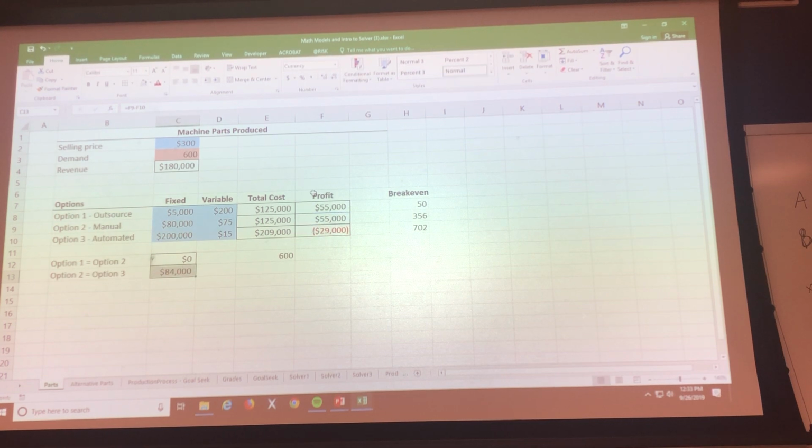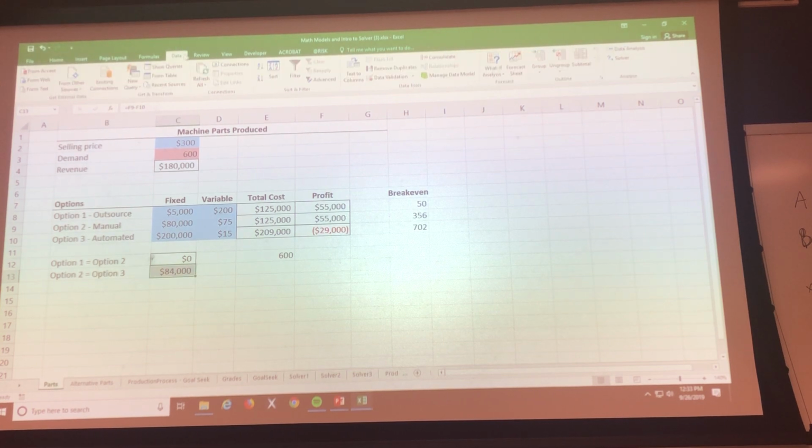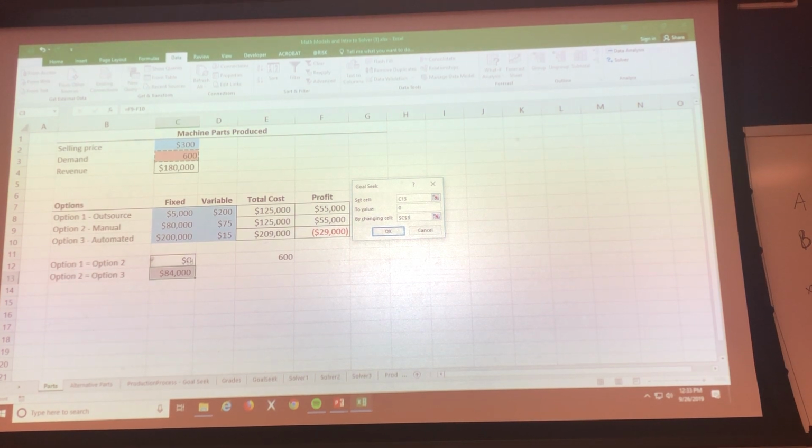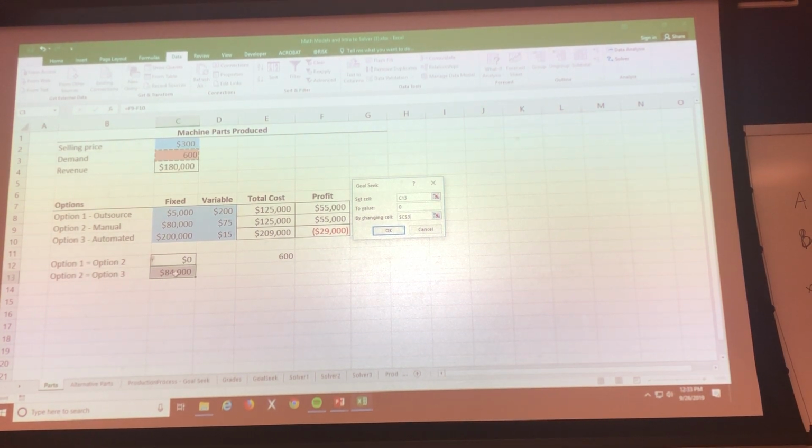Find the difference between those two, force that difference to be 0 with a goal seek, by changing the demand level. At what demand level would those two profit levels be exactly the same? How do I force it to be the same? If the difference is 0. Okay, if the difference between them is 0.